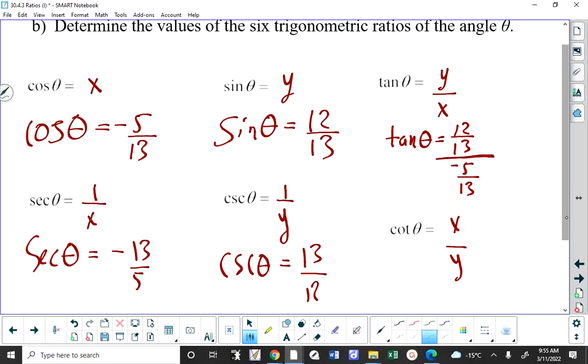So I can multiply the numerator and denominator by 13 and get 12 on the top, negative 5 on the bottom, so it's negative 12/5. Cotangent would be the reciprocal of that, so we just flip it over, negative 5/12. That's it. It's really a basic kind of question, but you do have to know all 6 of these definitions.